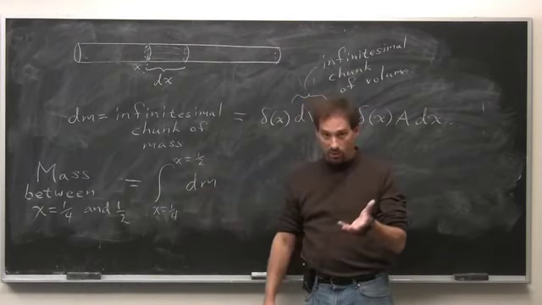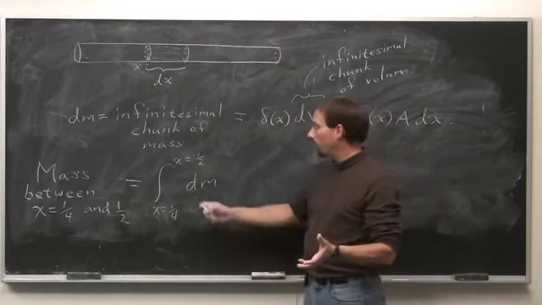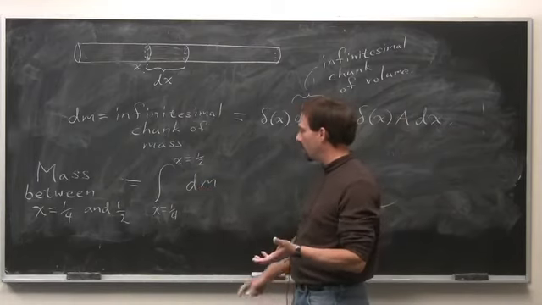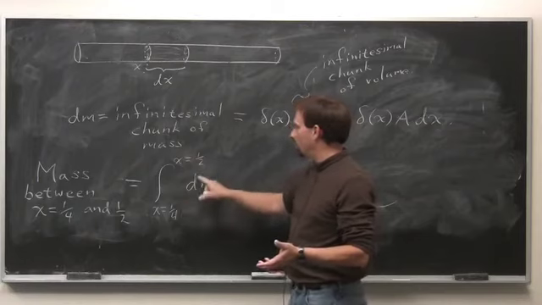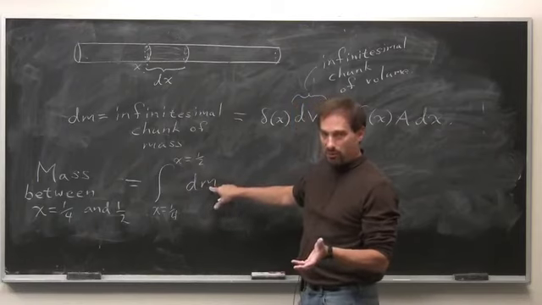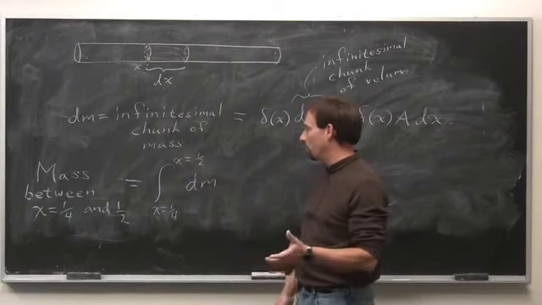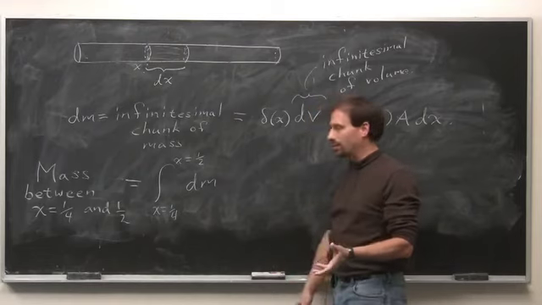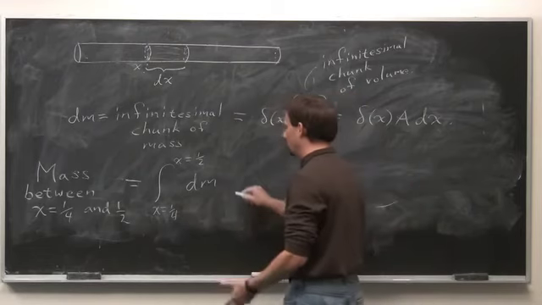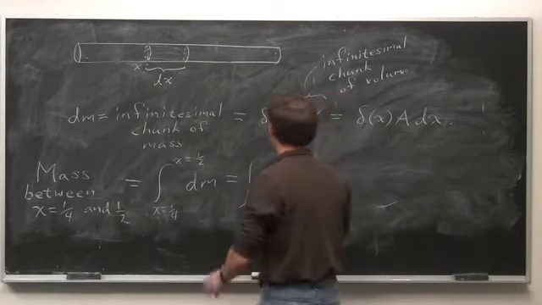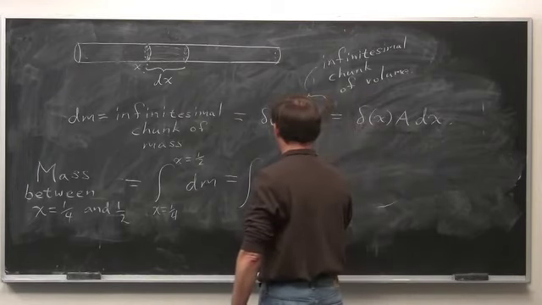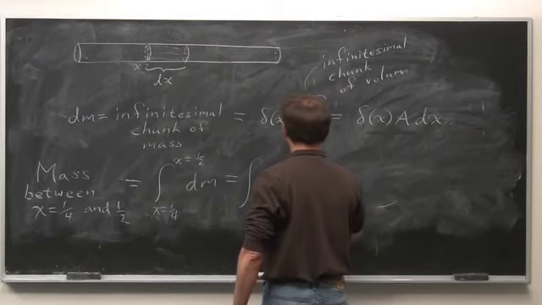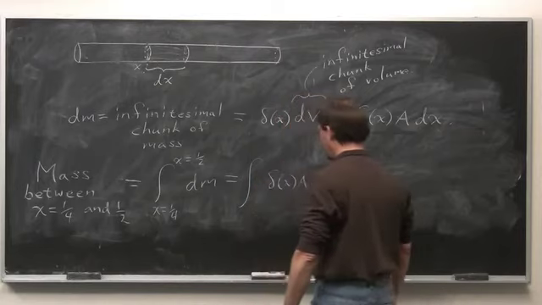You think of the integral as a continuous sum of all these infinitesimal contributions of mass. The limits of integration, if we didn't write x equals, they're supposed to describe what that variable does. We don't mean the mass goes from 1/4 to 1/2. We mean x does, so really you need to write in the x equals. But then you quickly replace dm with delta of x times this cross-sectional area times dx.